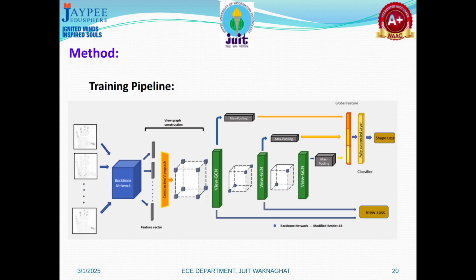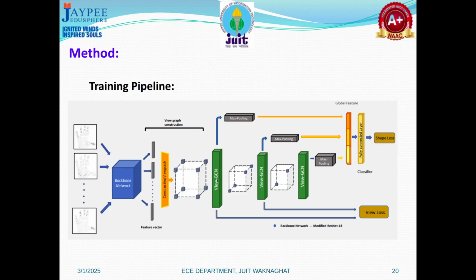So this is how the whole training pipeline looks. First we have the tactile image, we pass it through a backbone which is a ResNet 18 model, and we get these image features, and then we construct a view graph. Here we do this clustering, choose 8 distinct features and then assign them to each corner of a cube. So now the view graph is constructed.